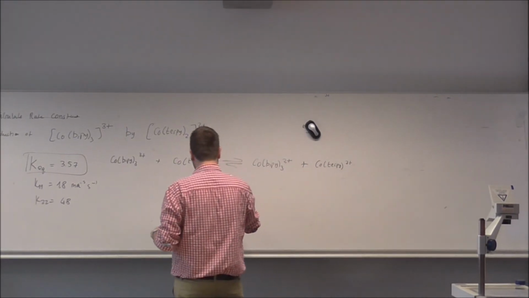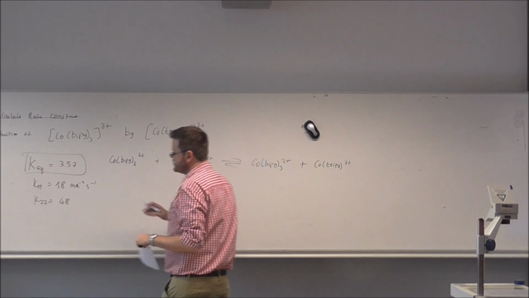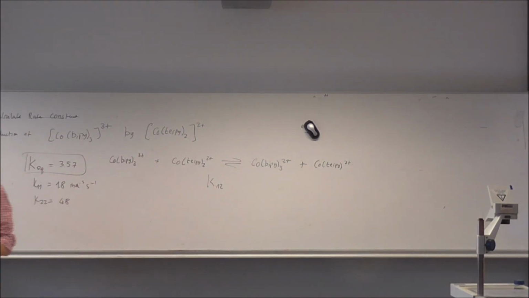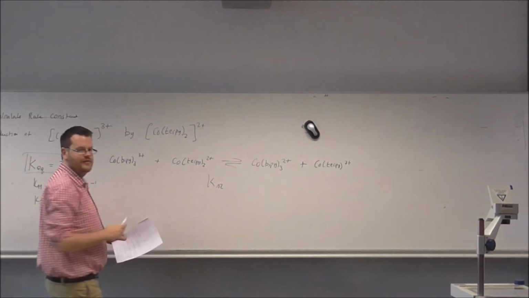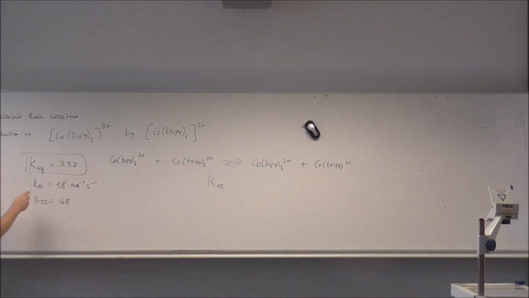So the K, we can call it K12, because the 1 refers to the self-exchange of cobalt bipyridine and the 2 to the self-exchange for the cobalt terpyridine. It's simply the concentration of the products over the concentration of the reactants, and that can be experimentally determined. You end up with a value in this case, at 0 Celsius, of 3.57.